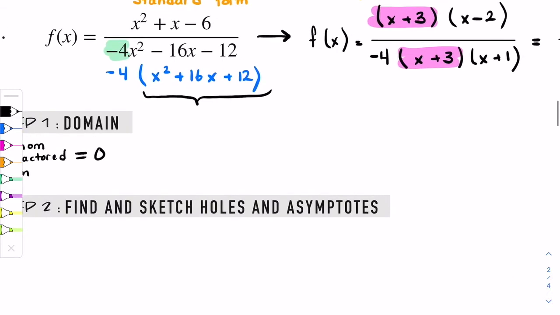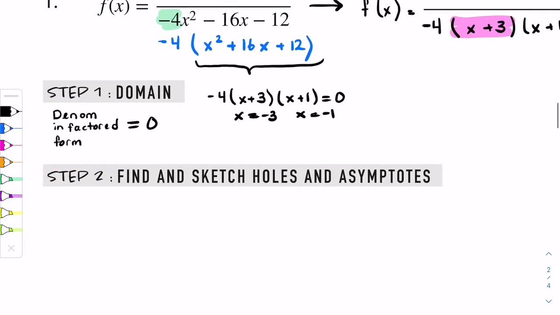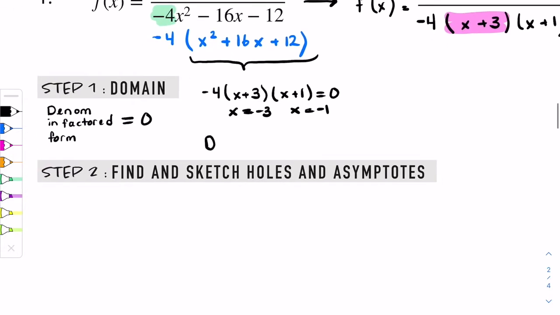So if we were to set the denominator of negative 4 times x plus 3 times x plus 1 equal to 0, we would have a 0 at x equals negative 3 and x equals negative 1. Both of these values have to be omitted, so the domain is going to be negative infinity to negative 3, negative 3 to negative 1, negative 1 to positive infinity.